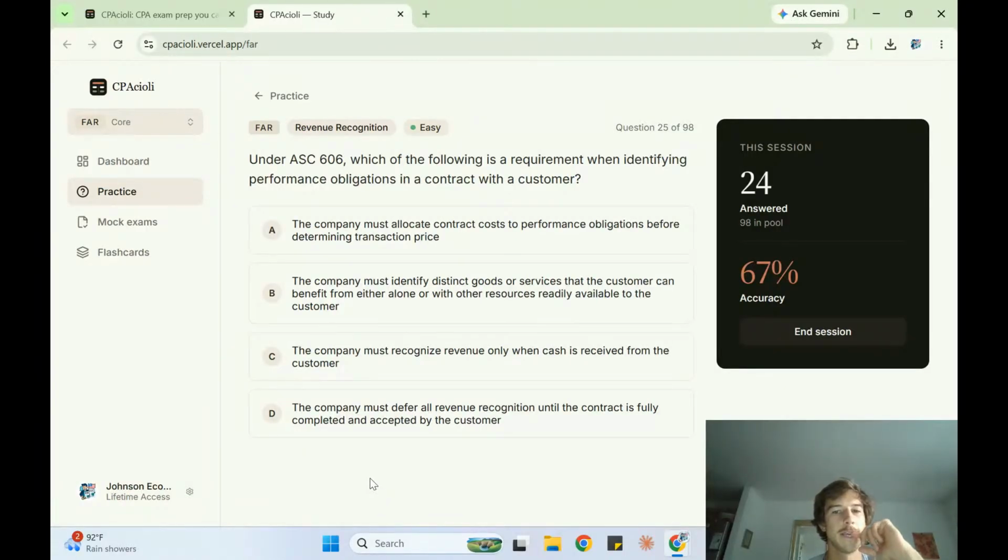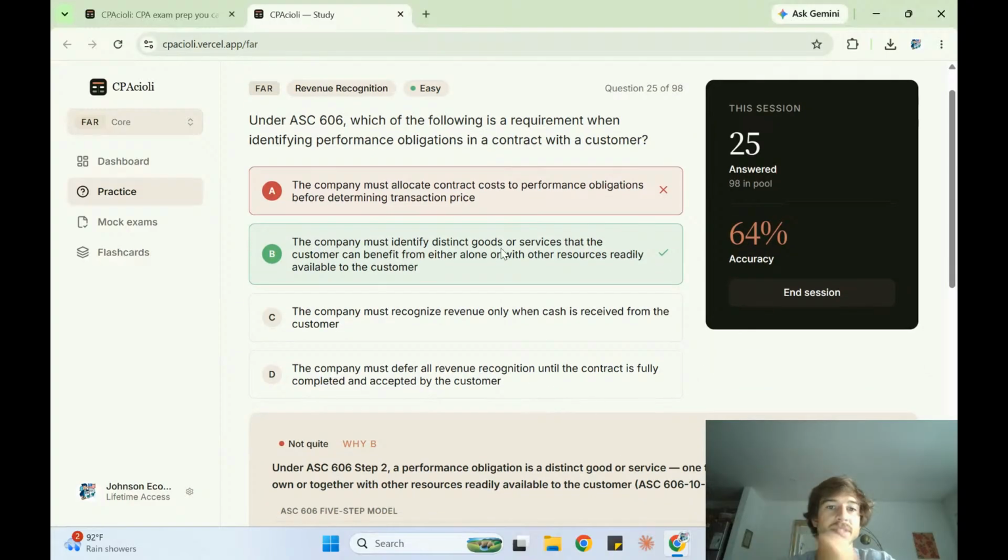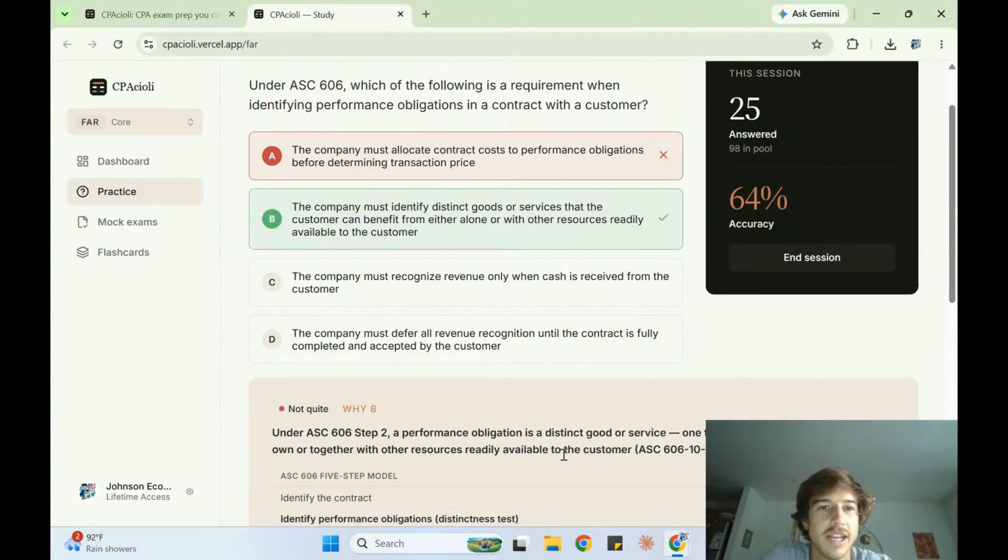Don't know about D. Depends on the method, I think. I'm not sure. Yeah, I should guess B. A didn't sound right.